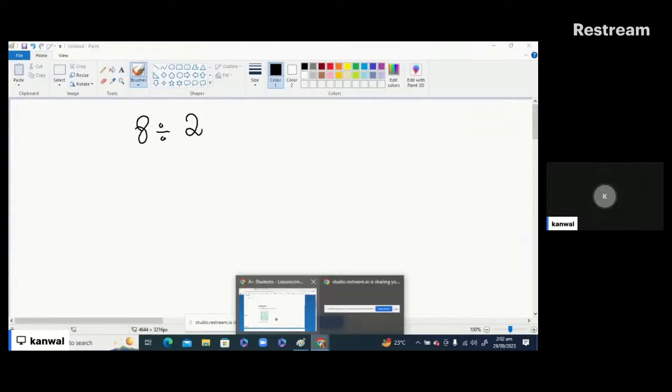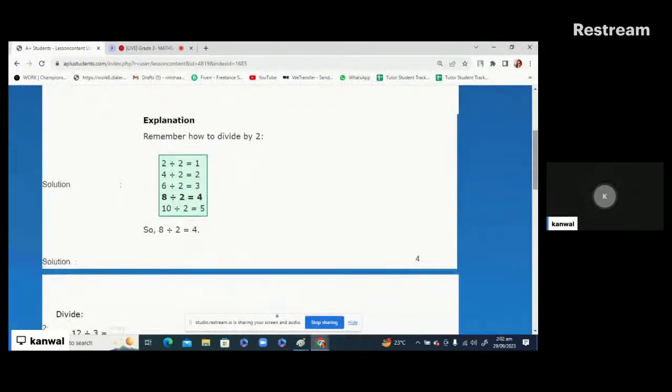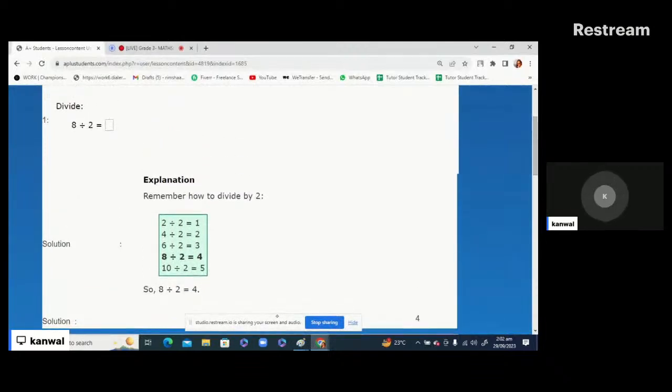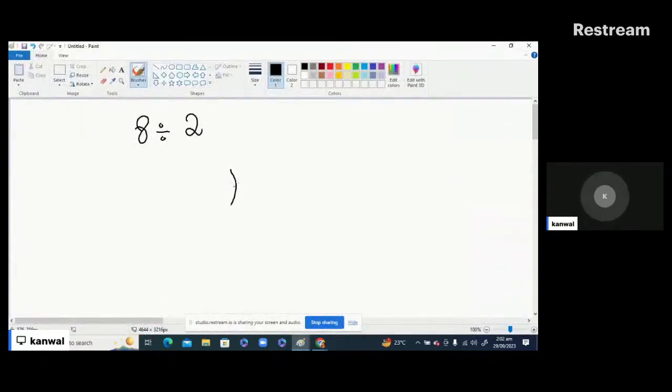First of all, we just need to know the table. Remember how to divide by 2. First of all, write down the table of 2. We put the greater number inside and the smaller number outside.